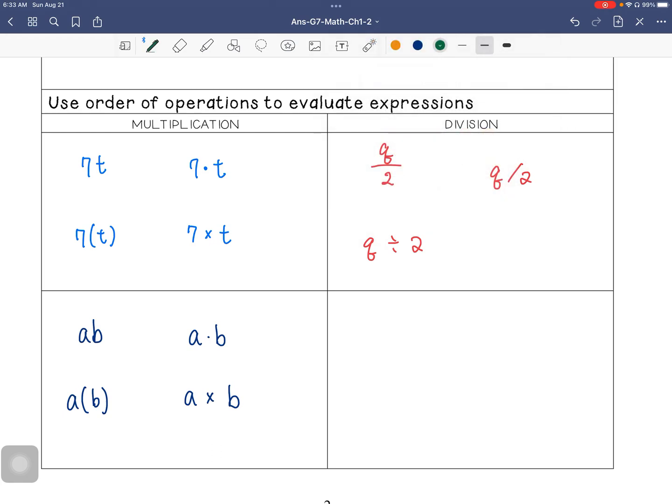Now, s over r equals s divided by r, s slash r equals s divided by r, and s divided by r equals s divided by r.